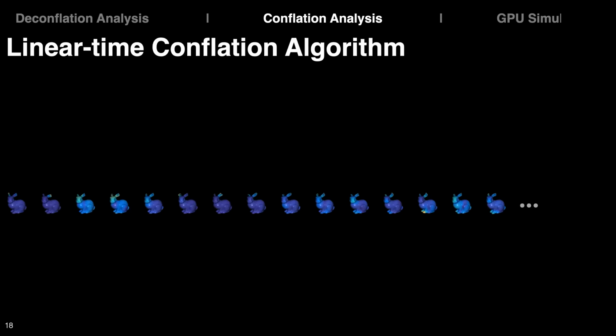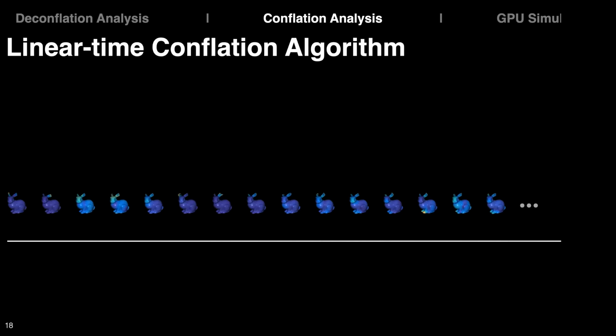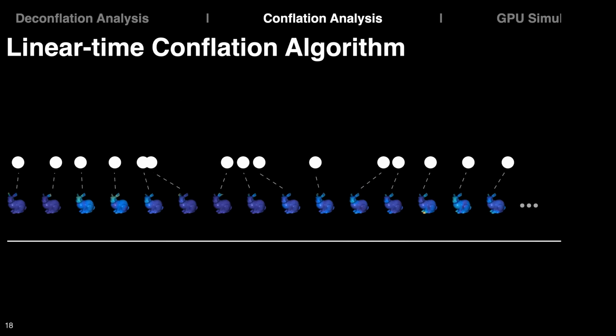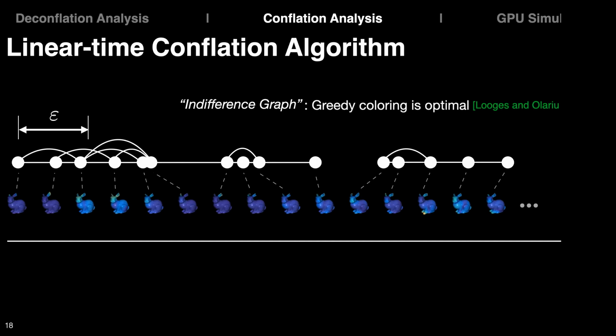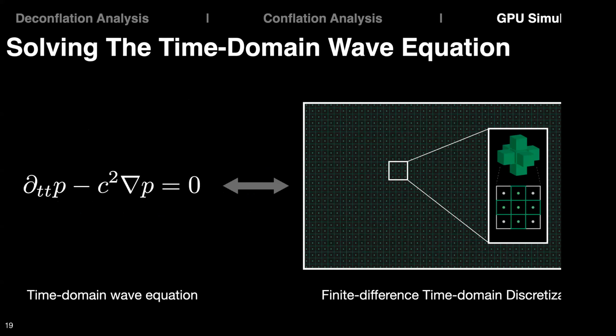And then in practice, you can figure out all the frequencies, how they split into chords using a simple greedy algorithm. So if you have a separation constraint, this is basically an indifference graph, and there's a greedy algorithm that allows you to color this and figure out all the chords. And so this allows us to figure out which things to simulate together so that we can separate them accurately and simulate them efficiently.